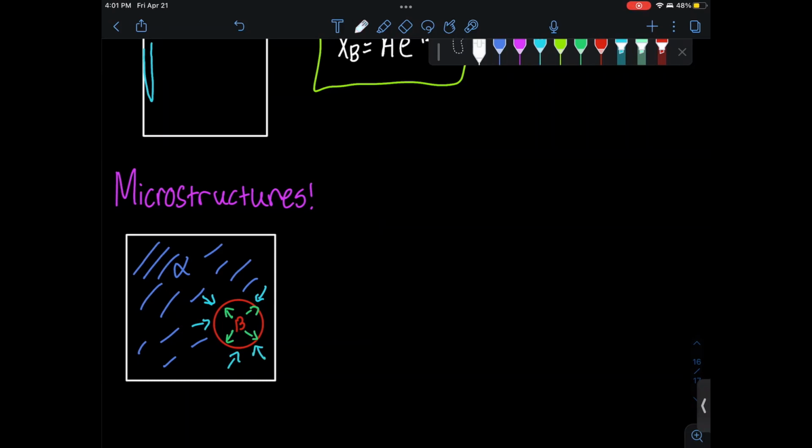Now, this change in pressure is equal to 2 times the surface energy divided by the radius, or the pressure that beta is pushing with is equal to the pressure of alpha that is pushing plus 2 times the surface energy divided by the radius.